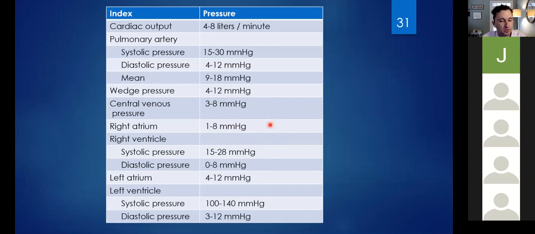That makes sense because they're all within the same pressure system and anatomically located near each other. It's the same reason our wedge pressure, our left atrial pressure, and our left ventricular diastolic pressure are all roughly the same, between 3 and 12.